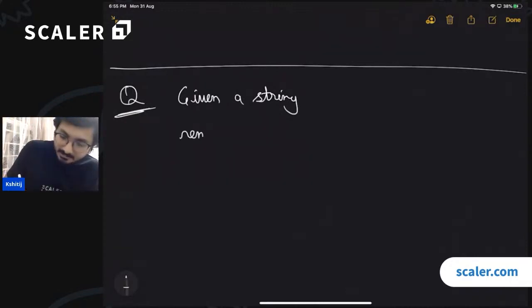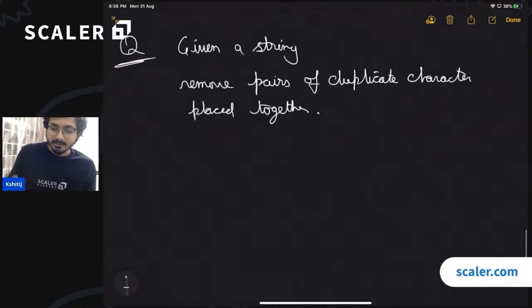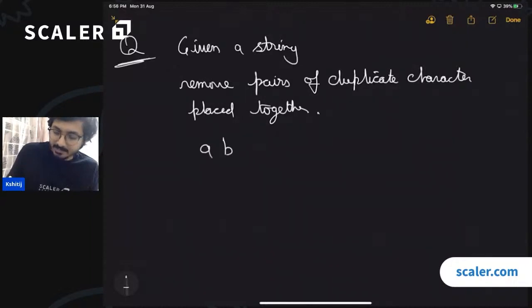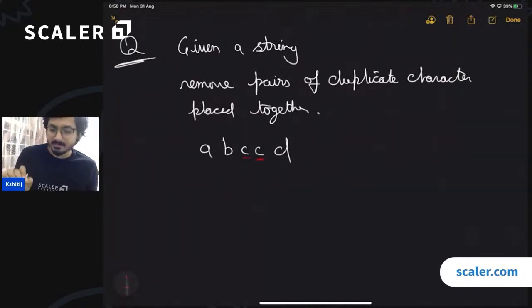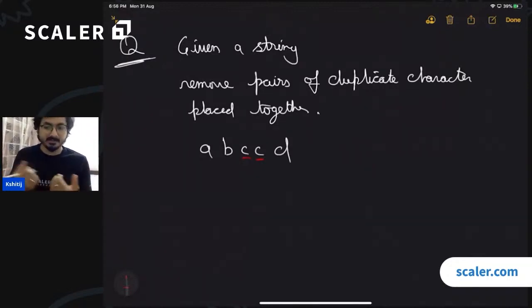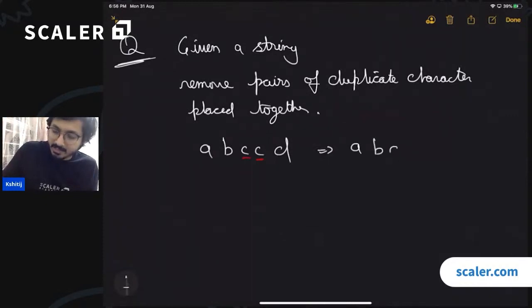For example, let's say that the string is A, B, C, C, D. Now we can see that this is a pair of duplicate characters placed together, which means these two duplicate characters are next to each other. So you have to remove them. The output that you are going to get is A, B, and D.